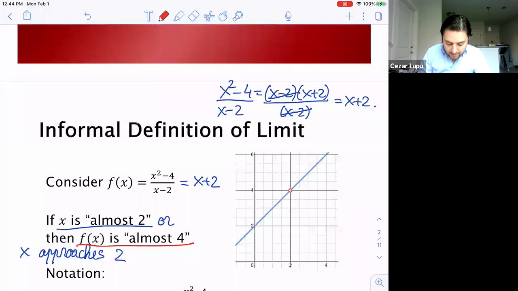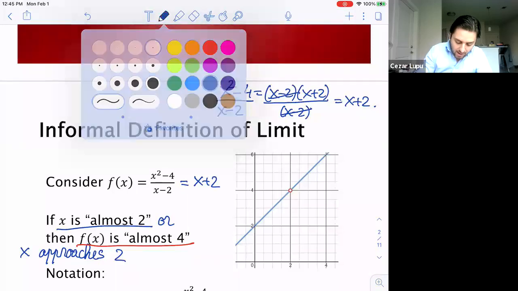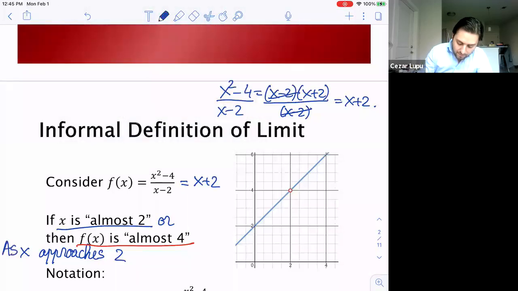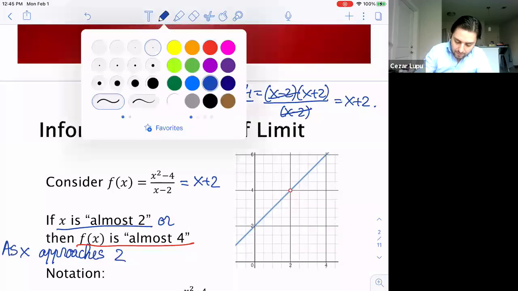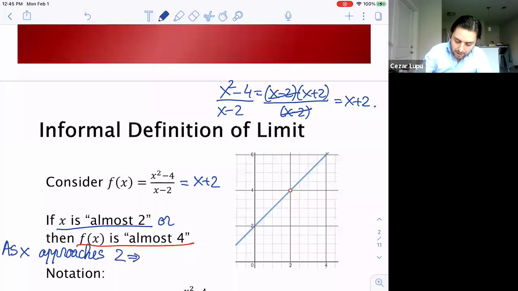Or you can say, as x approaches 2, it follows that f of x approaches 4.